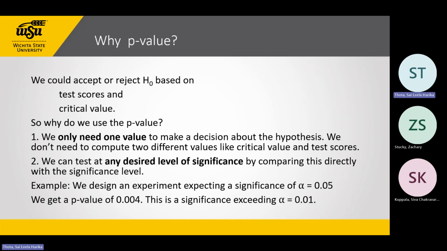For example, if we design an experiment with a significance of 0.05 and we get a p-value of 0.004, that is less than the significance level.